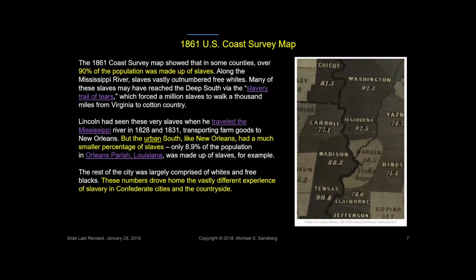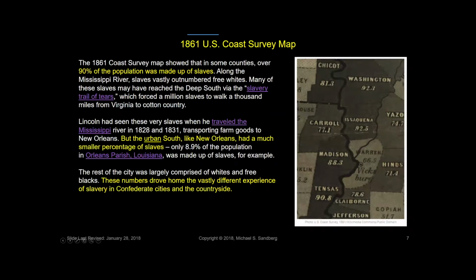So here's an example. The dark black line going down the middle is the Mississippi River, and you have all these counties around there. And this is cotton country in the southern states. And so it was surprising. For example, you have Tensas County was 90.8% slaves.